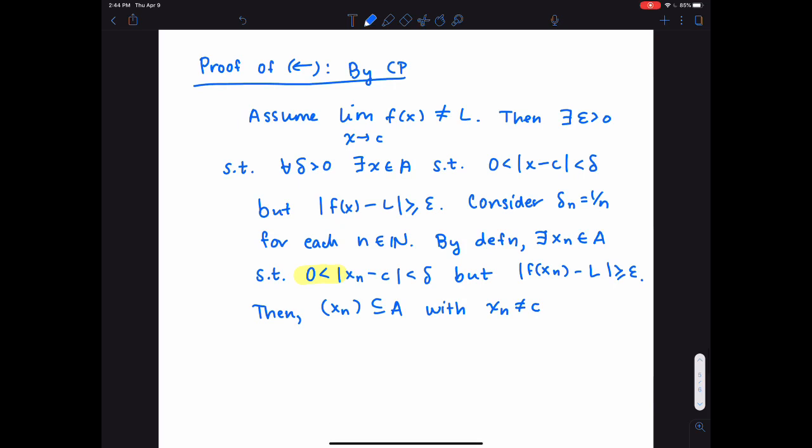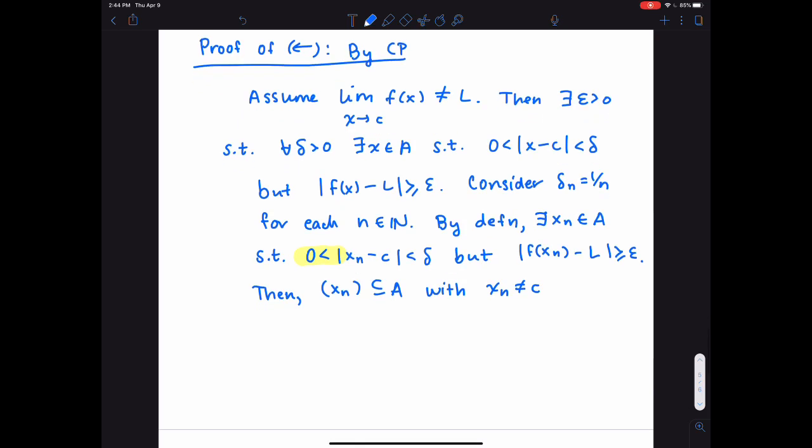And we also know that xn is going to have to converge to c by the squeeze theorem, since, remember, the delta n values we picked as a sequence were going to 0.